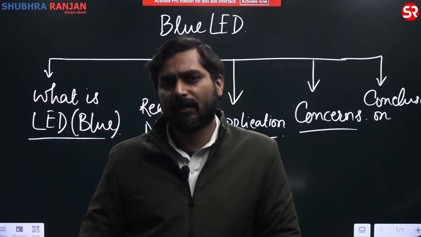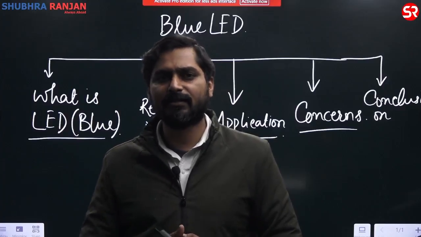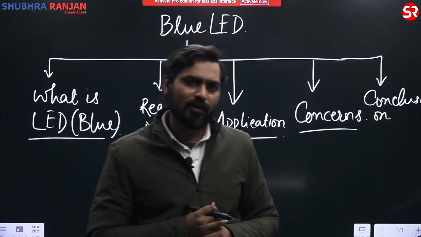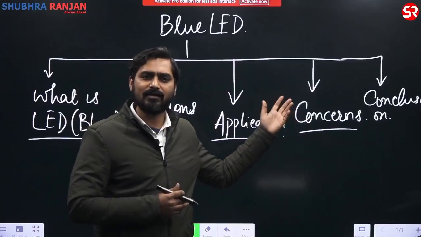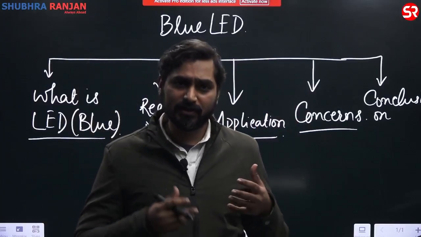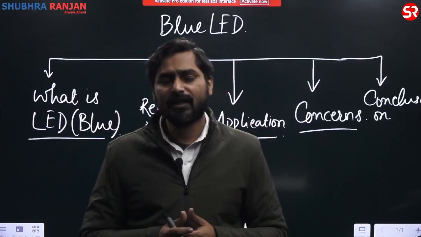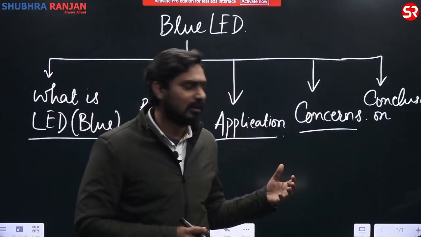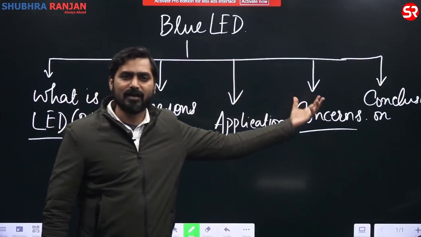In our homes and offices, we can see these LED lights being frequently used. They are now being used extensively even in our cars and other transport systems. They are used in signaling because of their stability. These are some of the applications of blue LED, but there are some concerns also.